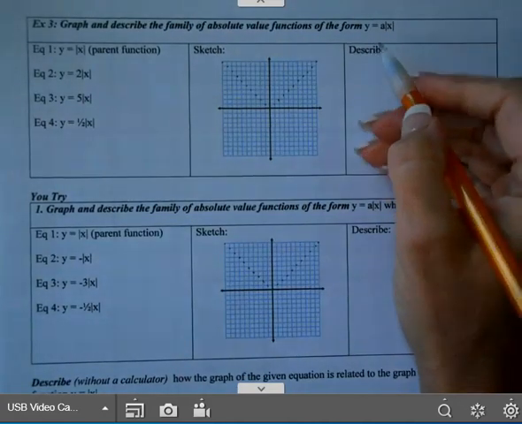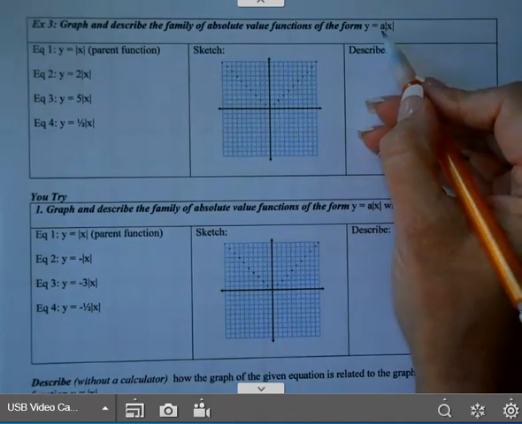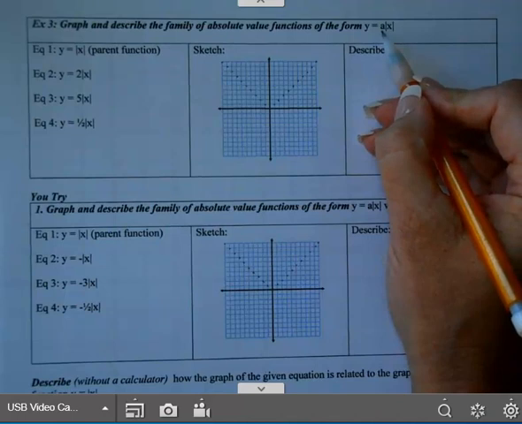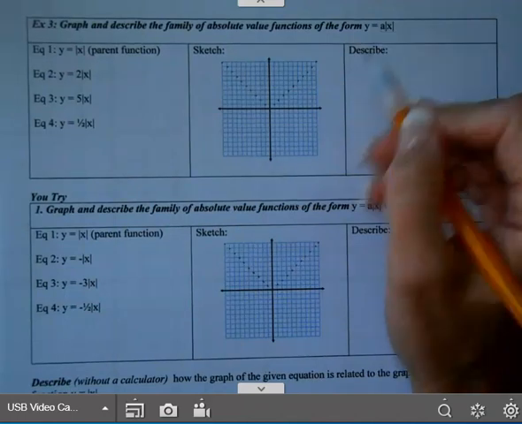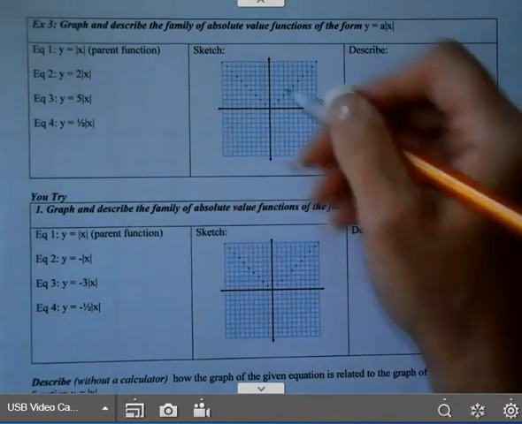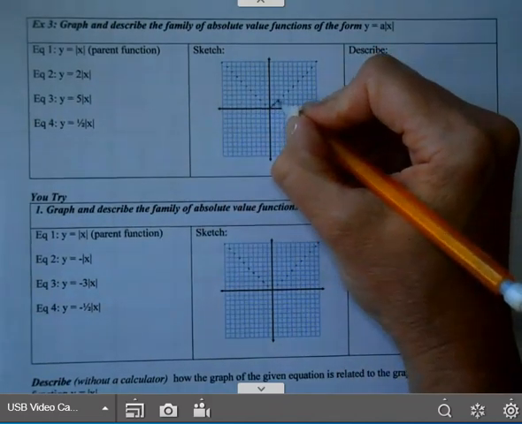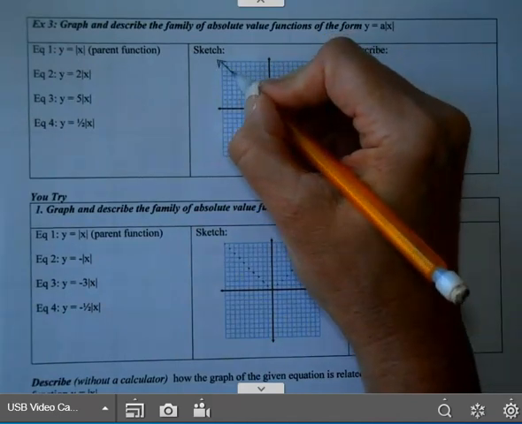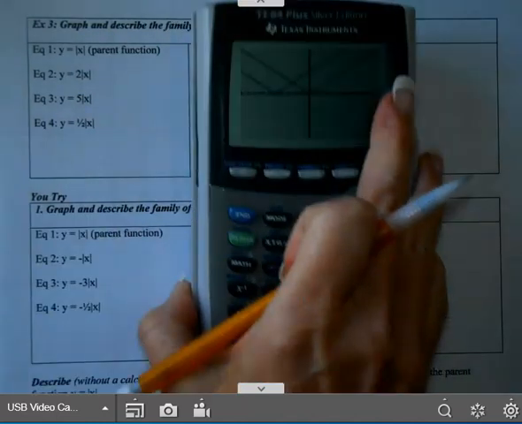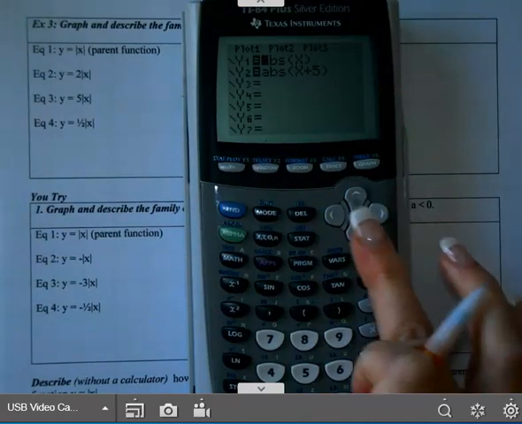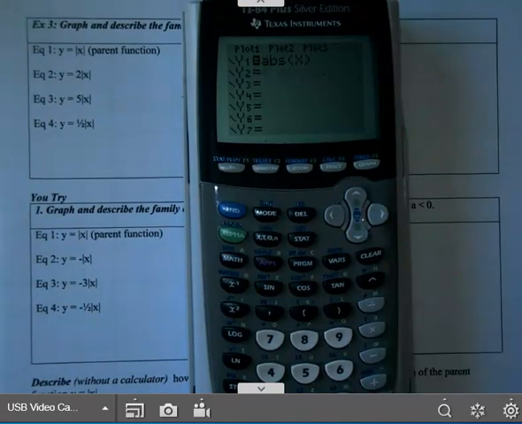On the next page of the notes, what happens if I multiply my absolute value by a number? And I'm going to start with a positive number on this example. The parent function is still on the diagonal. Go back to y equals. Let's clear out that second graph.